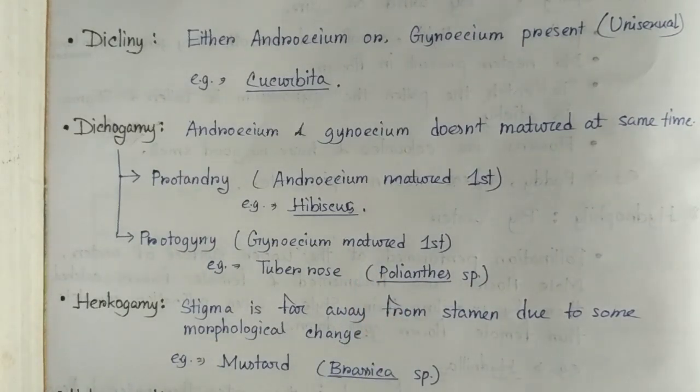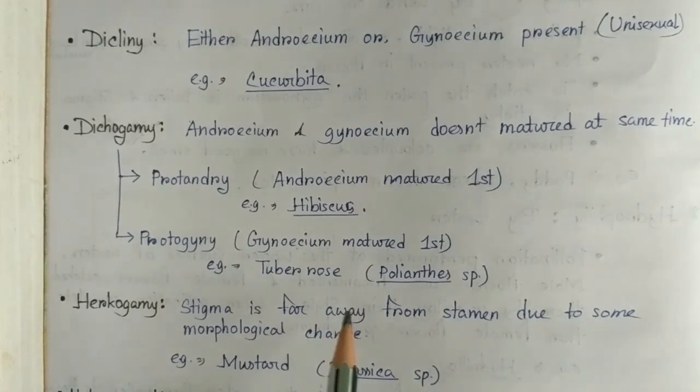Next one is herkogamy. Herkogamy means the stigma is far away from the stamen due to some morphological change. Stigma is a part of the female reproductive organ and stamen is a part of the male reproductive organ.